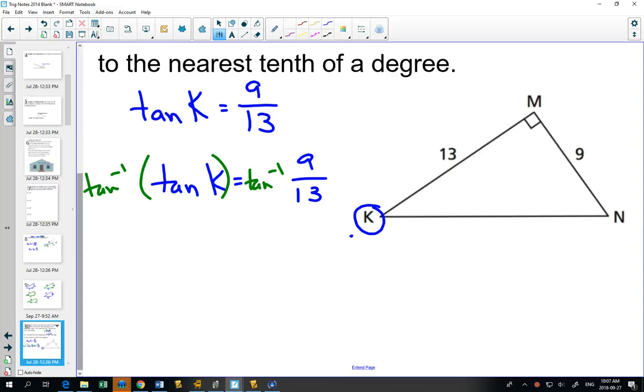I know that's like, I just wrote 6 letters. And I'm like almost at my quota for the day. Okay? So mathematicians are lazy, so sometimes they go directly from this just to write k equals, because the tan inverse and the tan cancel each other out, just like the square root and squares cancel each other out. K equals tan inverse of 9 over 13.